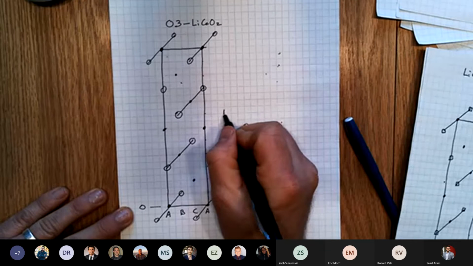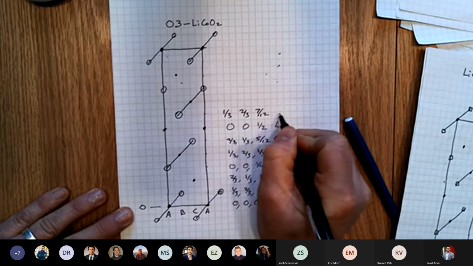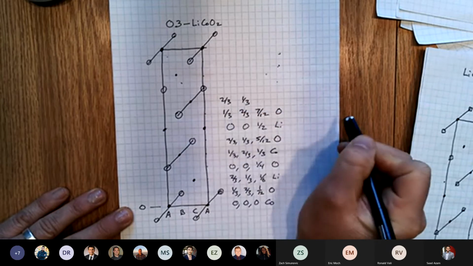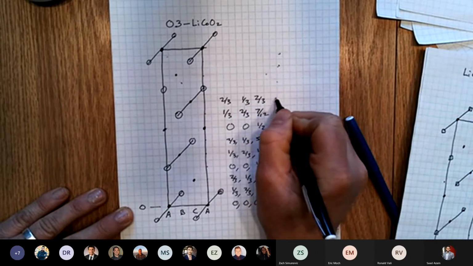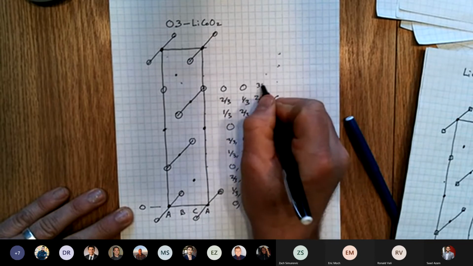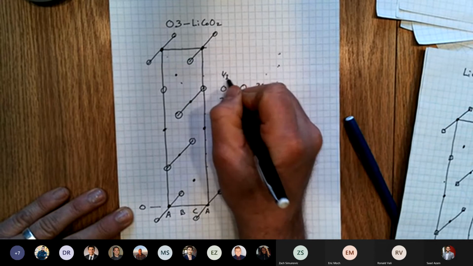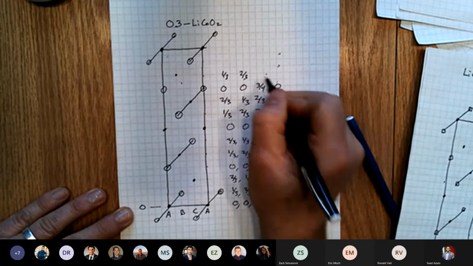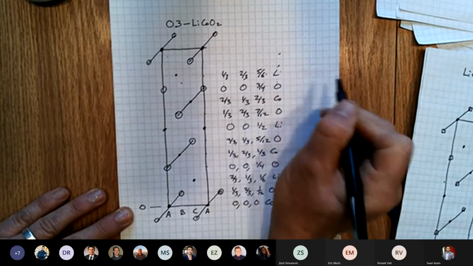I may as well fill them in. 1/3, 2/3, 7/12 oxygen, 2/3, 1/3, 8/12 is 2/3 cobalt, 0, 0, 9/12 is 3/4 oxygen, and then 1/3, 2/3, and 10/12 is 5/6 is lithium.